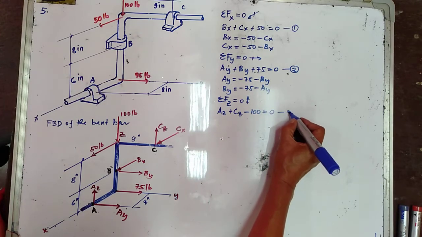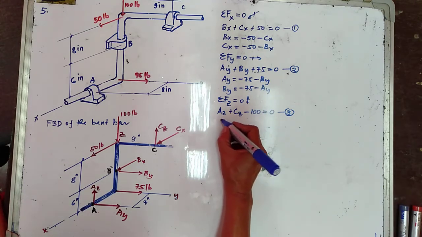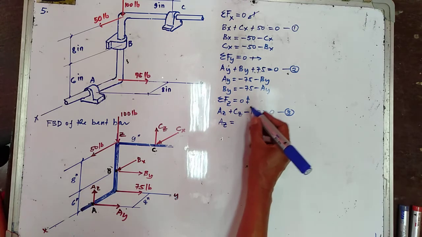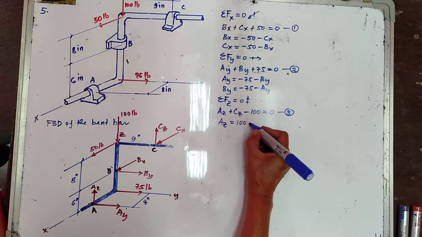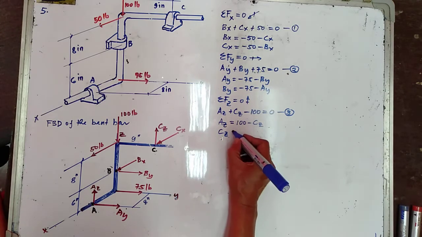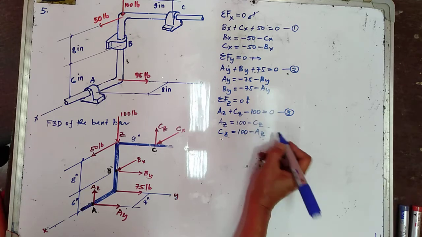So that is your equation 3. Or your AZ is equal to 100 minus CZ, or CZ is equal to 100 minus AZ.